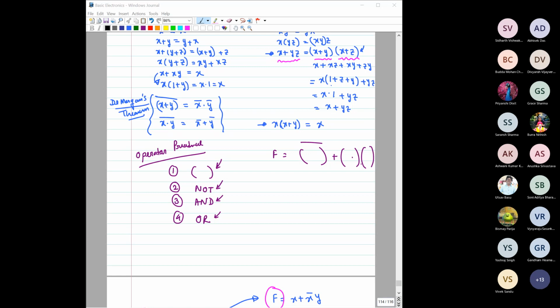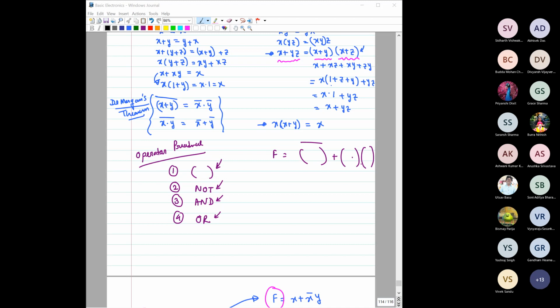So what you have done, x plus x bar z, it is xy plus this x bar z. What you were writing here, xy plus this term, and then xy plus x bar z. Then you are taking these two terms plus xy plus z.